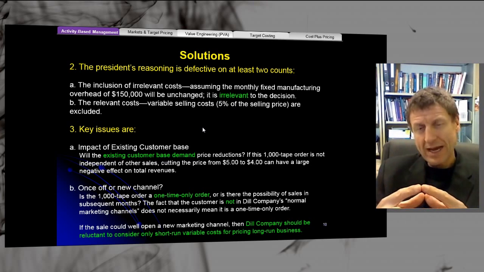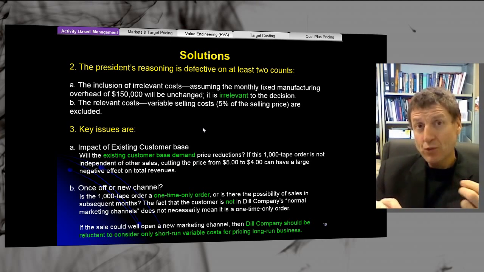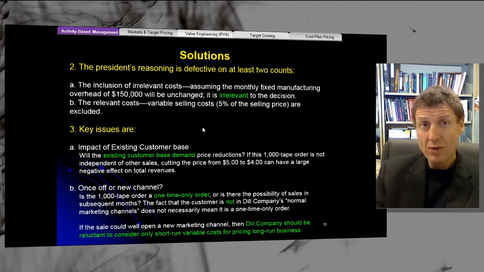So there we have it. We have a decision. At the start, that $4 was much lower than that $4.20 allocated, budgeted manufacturing cost per unit. But that budgeted manufacturing cost per unit included some irrelevant costs that did not change with the decision. What was that? Fixed manufacturing overhead.